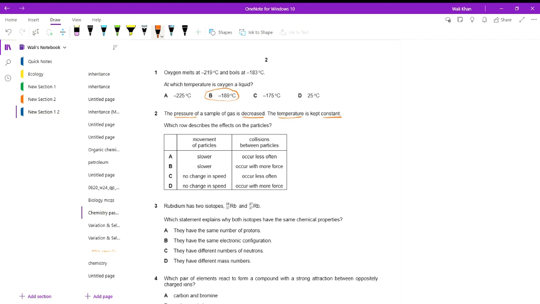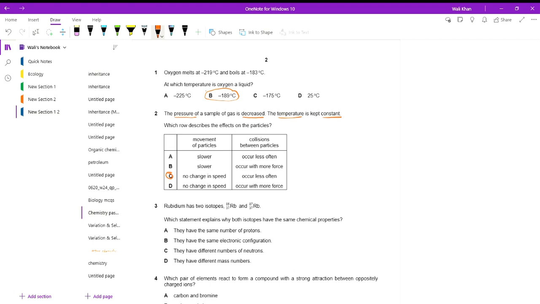If you remember the collision theory, when we decrease the pressure, there is no change in the speed of the particles, and the temperature is kept constant. So there is no change in the speed of the particles and the collisions between particles occur less often. So the best option is C.